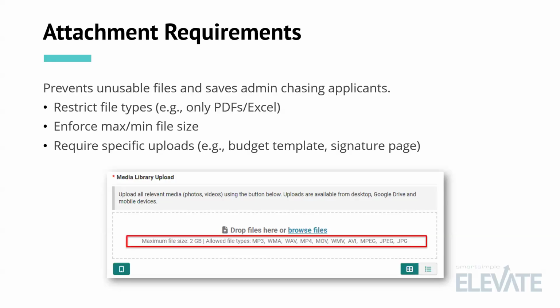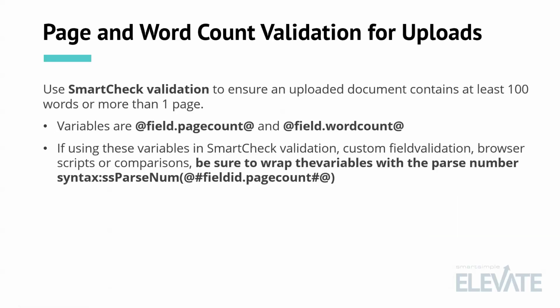You'll see here in the example that we not only say what's the maximum file size, which can be anything that you want, we could also say we won't even allow you to upload any other of these file types, right? These are the file types that in this media library upload we are allowing, and if for any reason an applicant uploads something different, then it's not even going to let them move on, right? So just a quick blocker there.